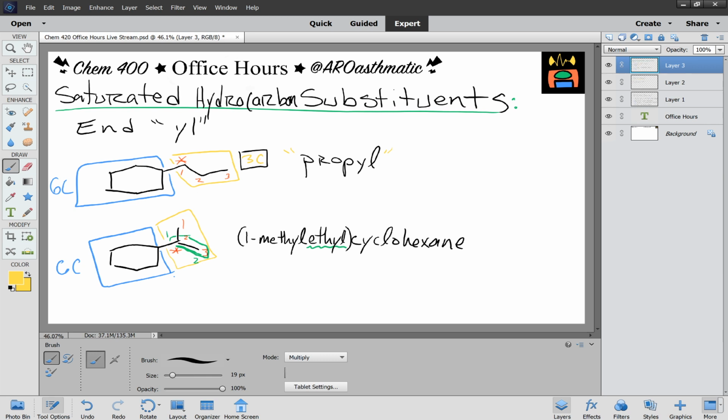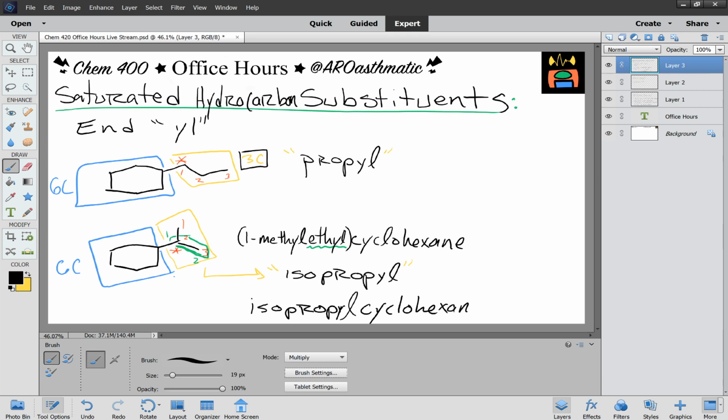So shorthand, but also IUPAC acceptable, when it's attached on that 2nd carbon, this is isopropyl. So you could also name this, and it's easier to name it, isopropylcyclohexane.